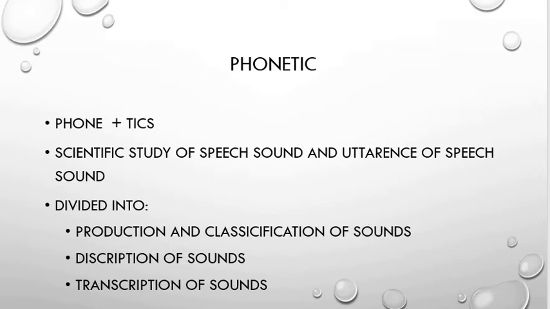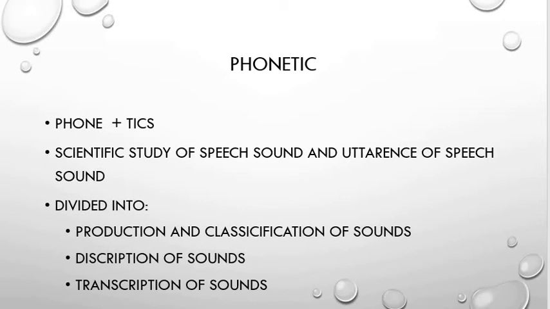These are called vowels. In comparison, consonant sounds are produced with hindrance in the mouth, like pa, pa. These are called consonant sounds. Now I am going to discuss the description of sound. In the English language, the system of sound production is further classified as manner of articulation and place of articulation.